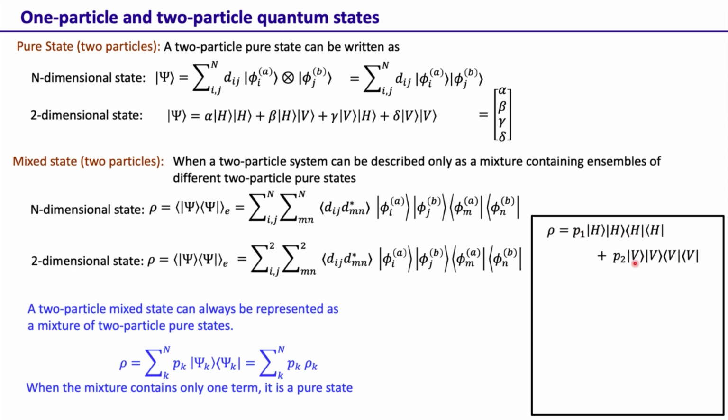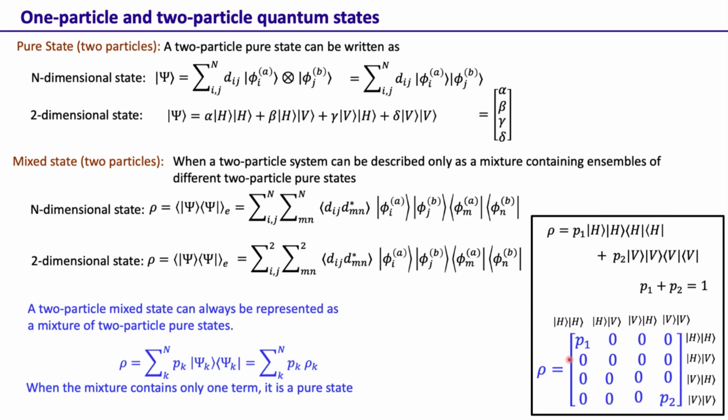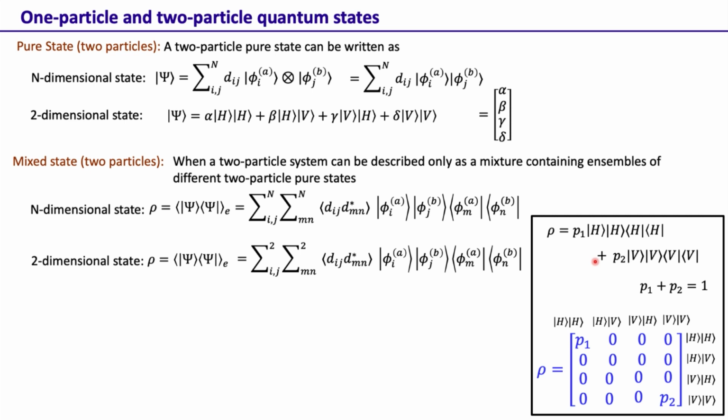If you put them together as a mixture, that becomes a two particle mixed state. P1 plus P2 of course has to equal 1. And if we represent that in a density matrix form in the HH, HV, VH, VV basis, that's a 4 basis state for the two particle two dimensional state, then the matrix would look like this. All the other terms here are 0. So that's an example of a two particle mixed state.